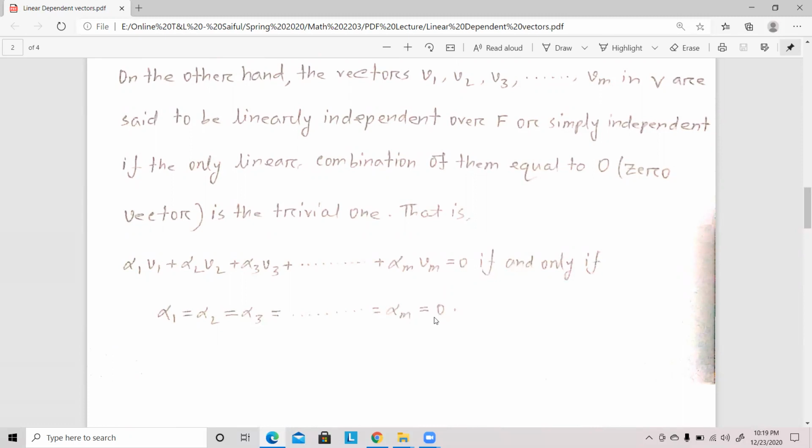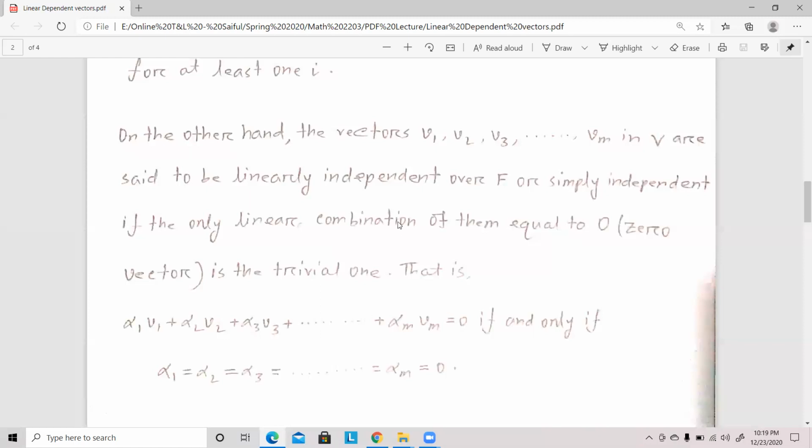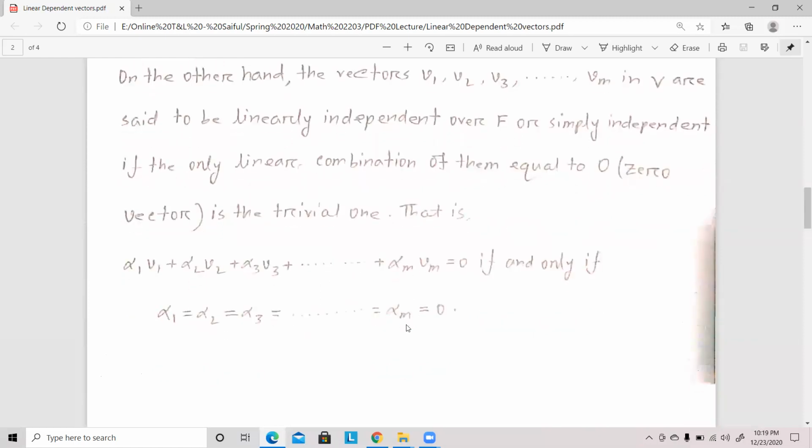So in both cases the linear combination is 0, but in the dependent case at least one alpha is not equal to 0, while for the linearly independent case all the alphas are 0.